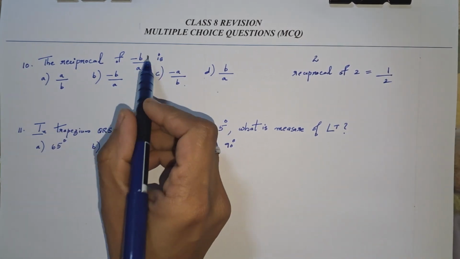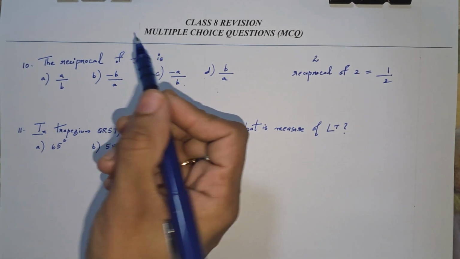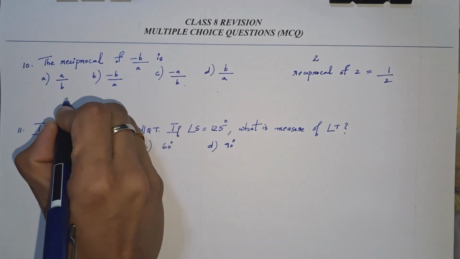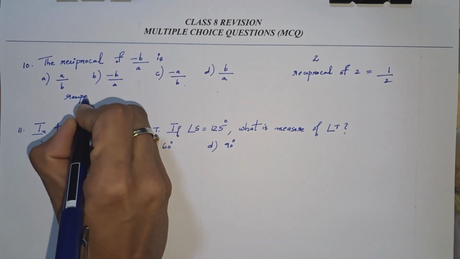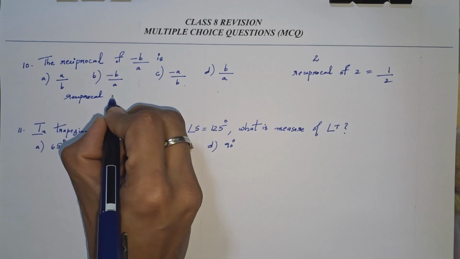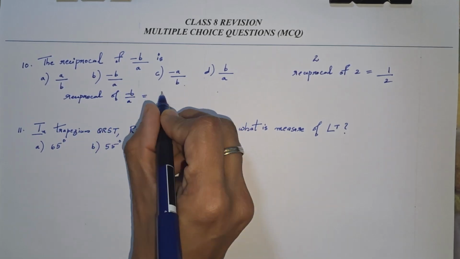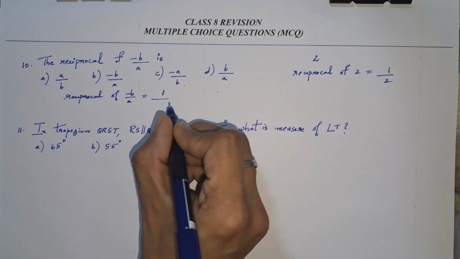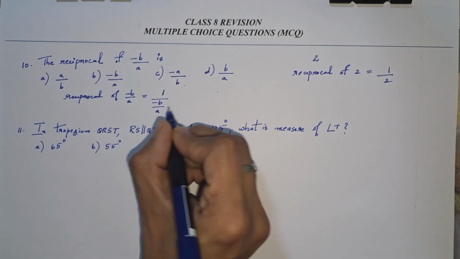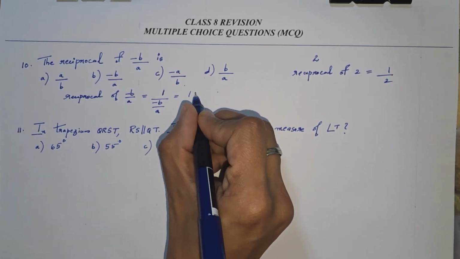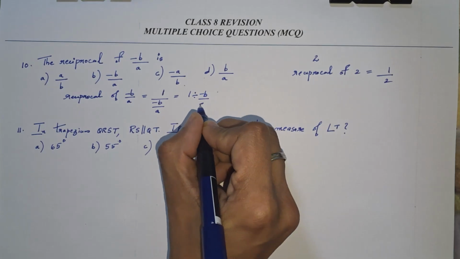Just like that, reciprocal of minus b by a will be equal to 1 by minus b by a.